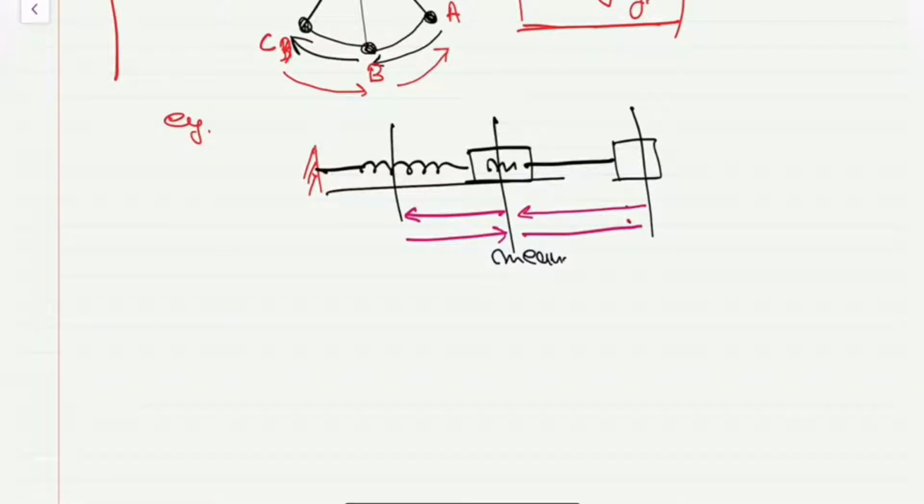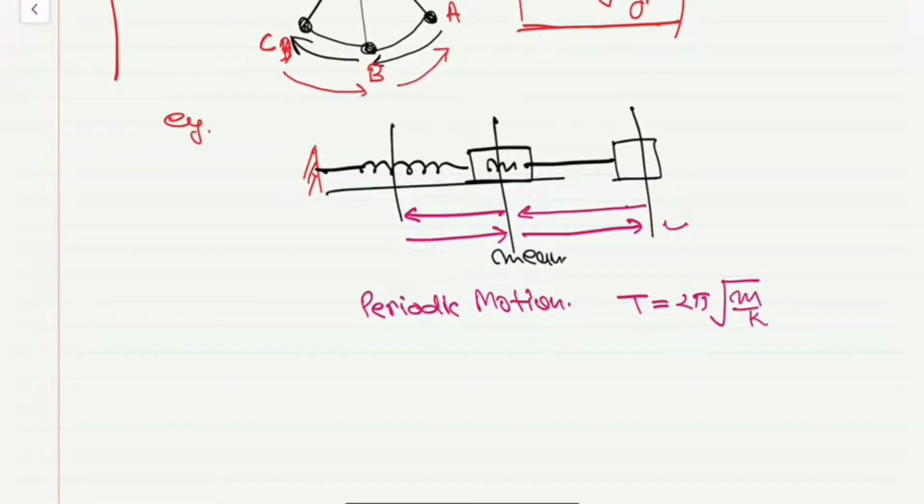This is also an example of periodic motion, and we'll find in this chapter that the time period of this spring mass system is 2 pi root over m upon k. We will prove this later. What is k? k is the spring constant, isn't it?